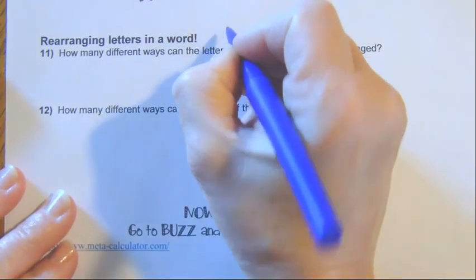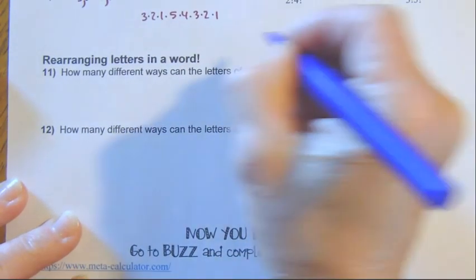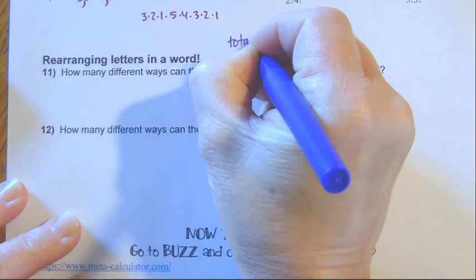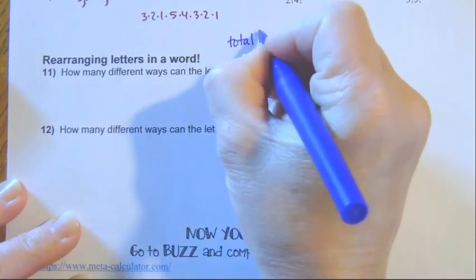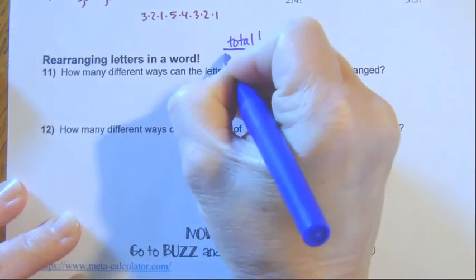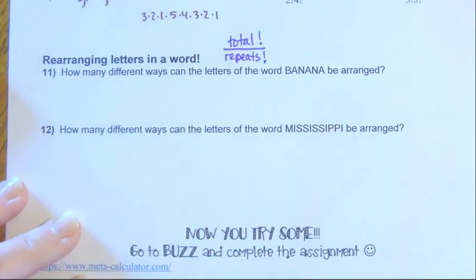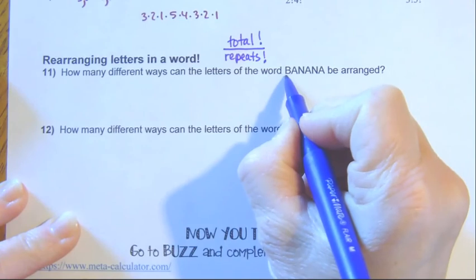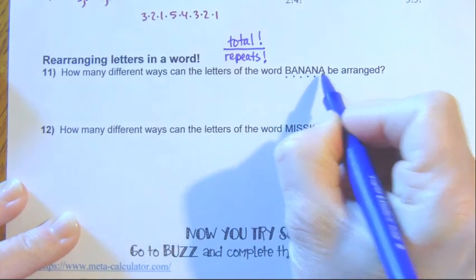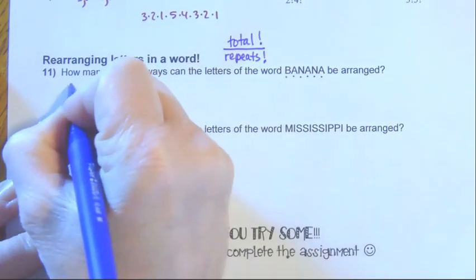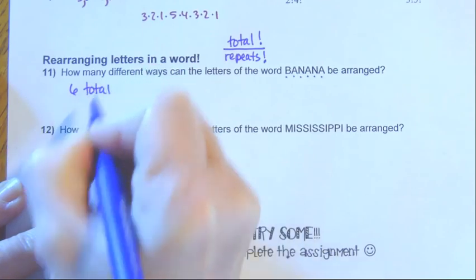So here's what we're going to do. To rearrange letters in a word, you need to know the total number of letters, and then you're going to do factorial, divided by any repeats, factorial. So I've got 1, 2, 3, 4, 5, 6 total letters in the word banana.